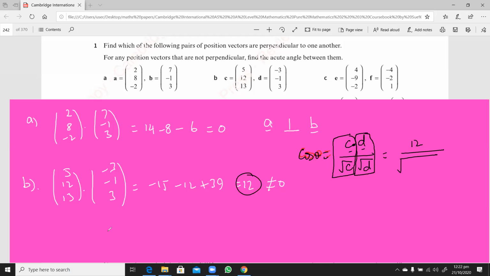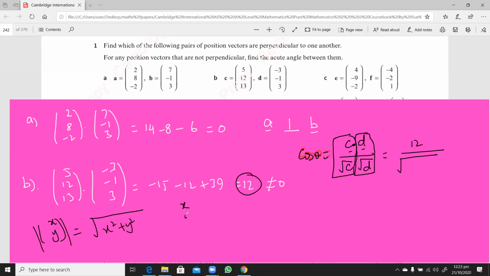And then I think I haven't told you how to find the magnitude of a vector in 3D. If you remember, when there is a vector in 2D, the magnitude of this vector is the square root of x squared plus y squared.